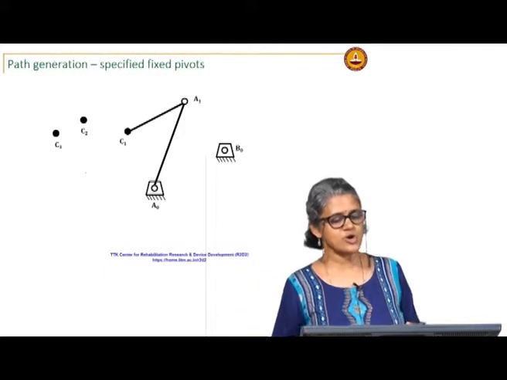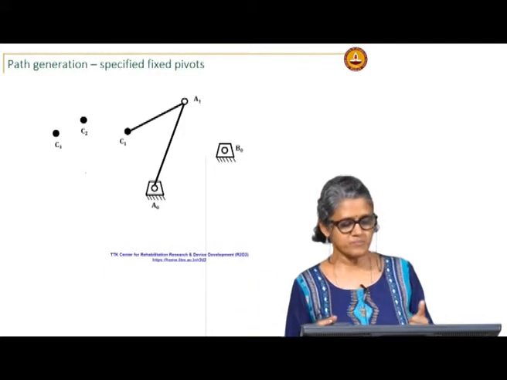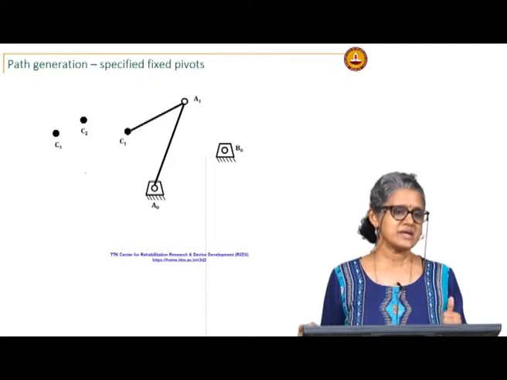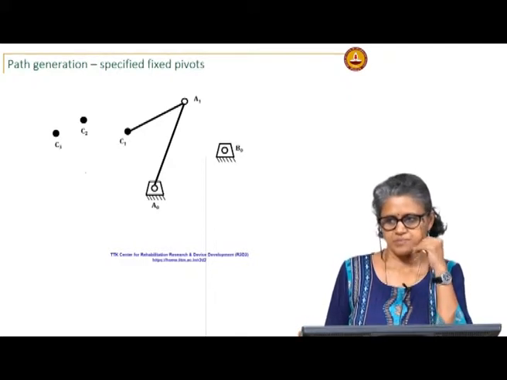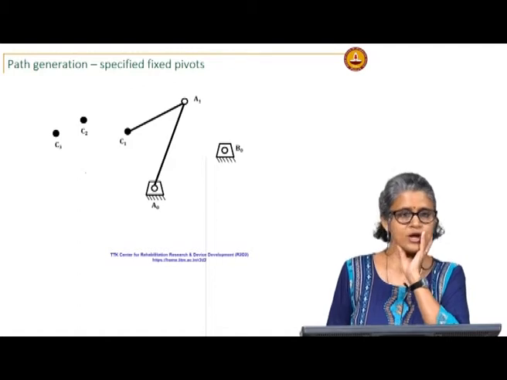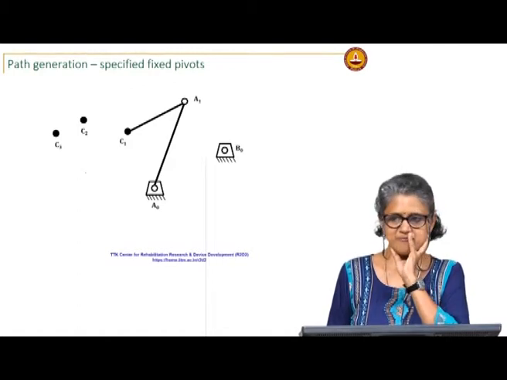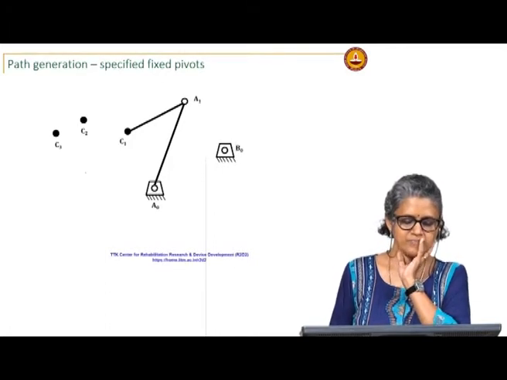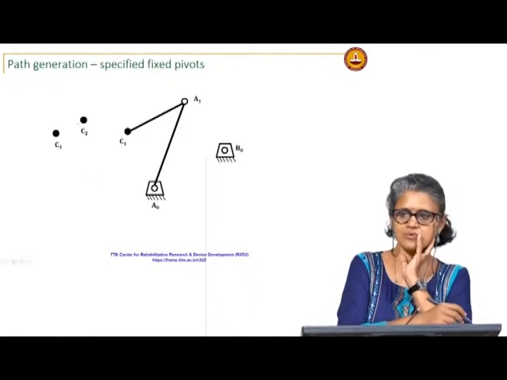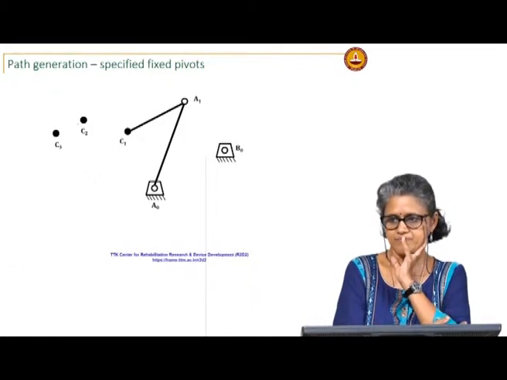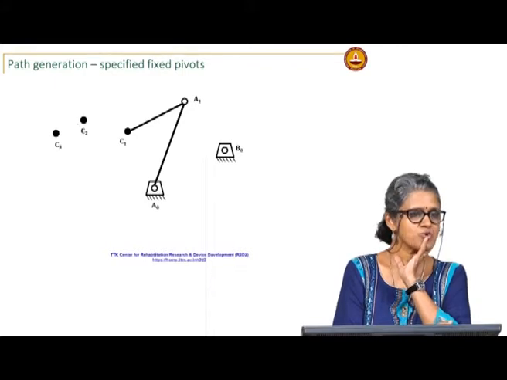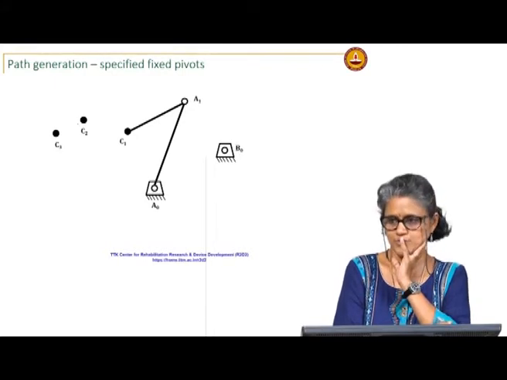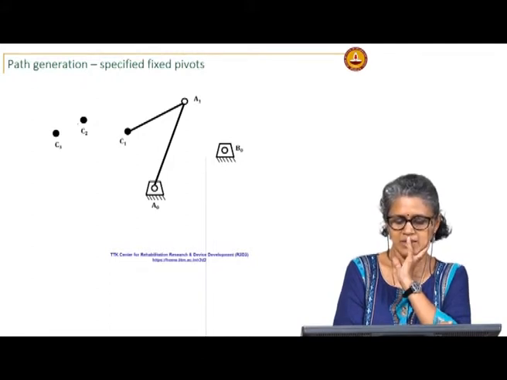Let us go to the case of path generation with specified fixed pivots. Say A0 and B0 are my fixed pivots, and I am telling you that I want C1 to move to C2 to C3. So, choosing C as a moving pivot is no longer an option. Then what do I do?